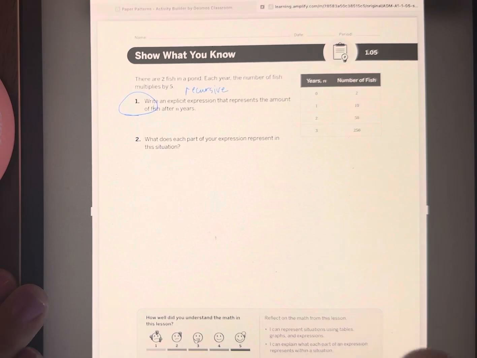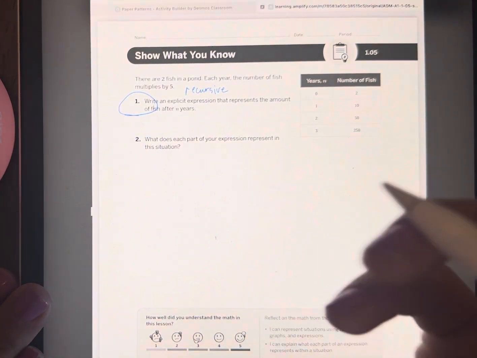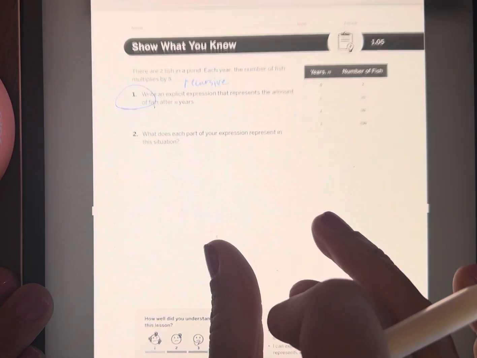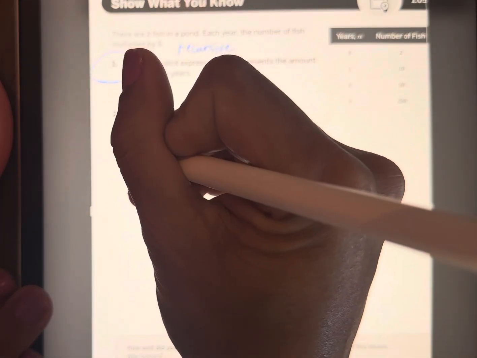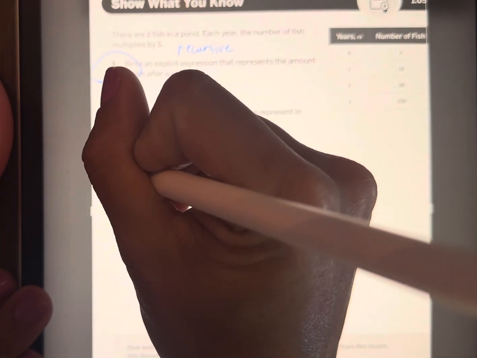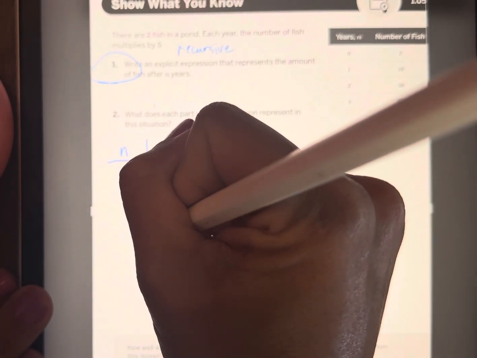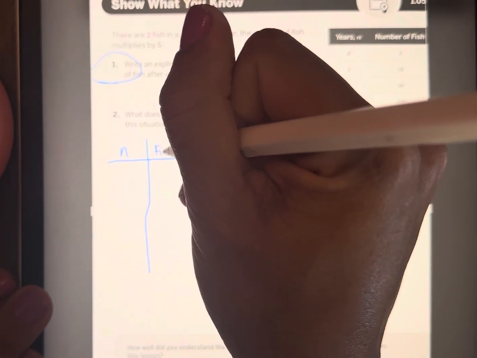So what I'm going to do is teach you guys how I would do it. I'm going to do years n, and then the number of fish.